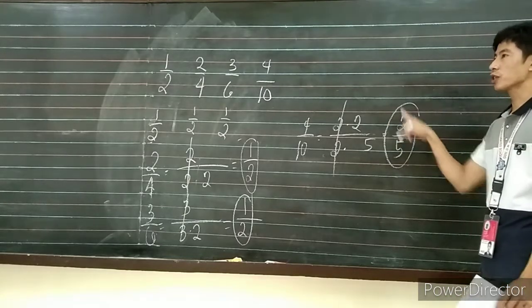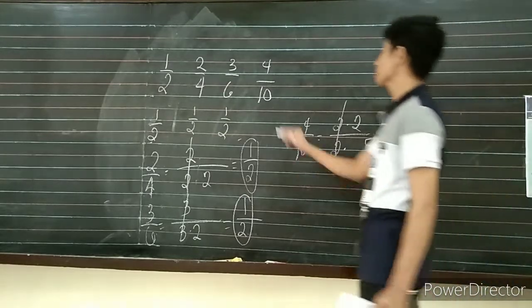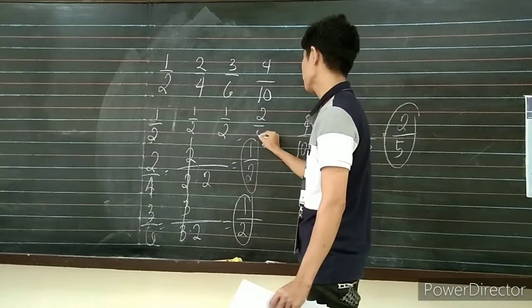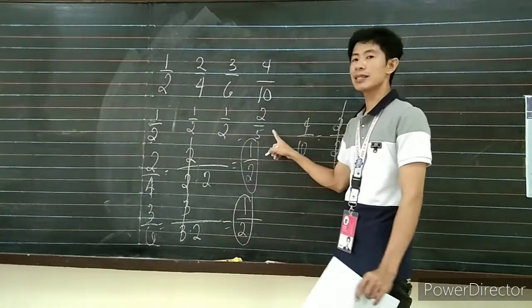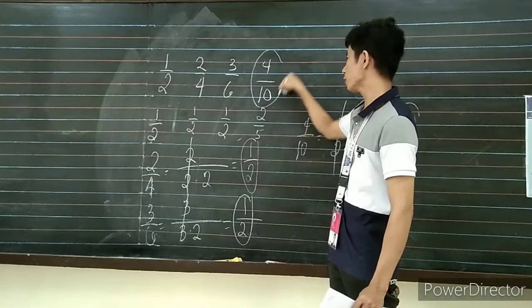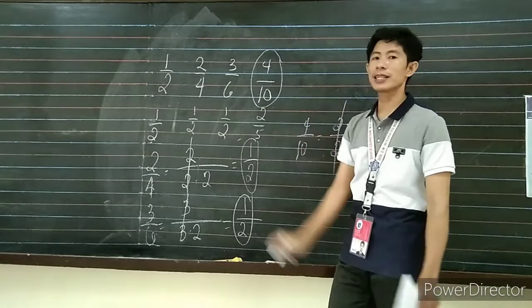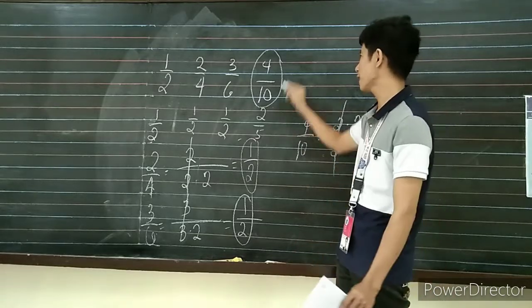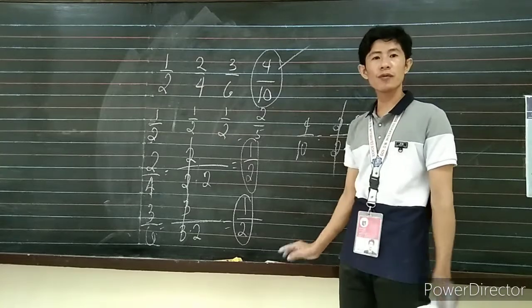Therefore, the fraction 4/10 can be simplified as 2/5. By observation, we can easily identify that 4/10 does not belong to the group because it has a different value. Therefore, your answer must be 4/10.